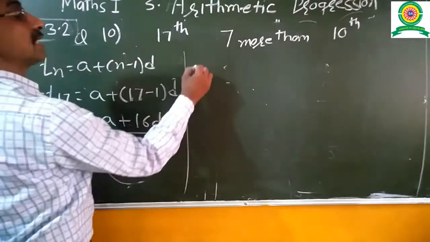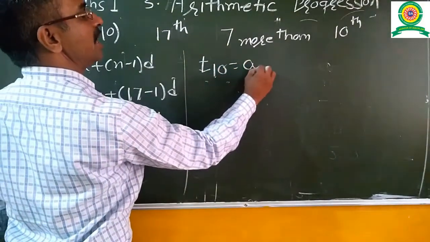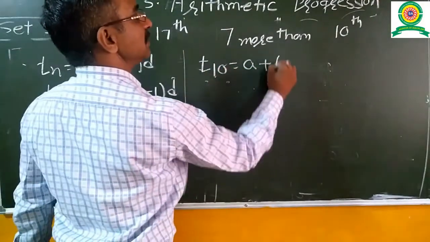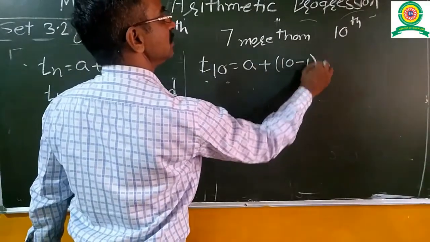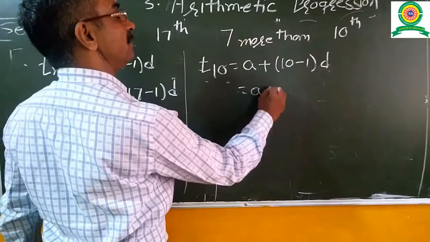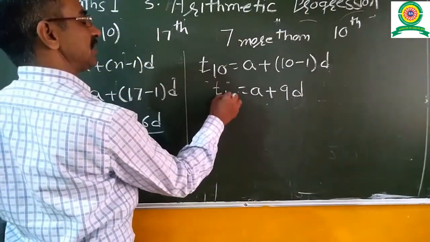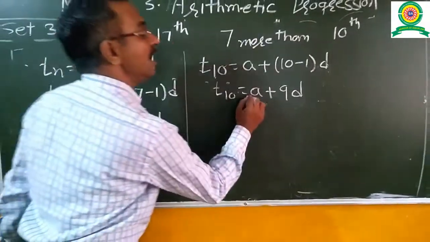Similarly, we calculate the 10th term: T10 is equal to A plus 10 minus 1 into D, which is A plus 9D.